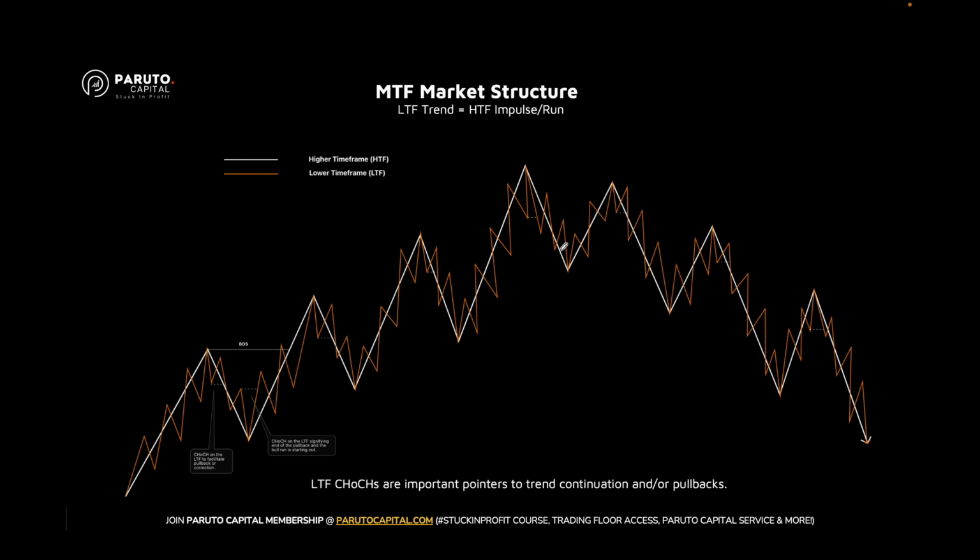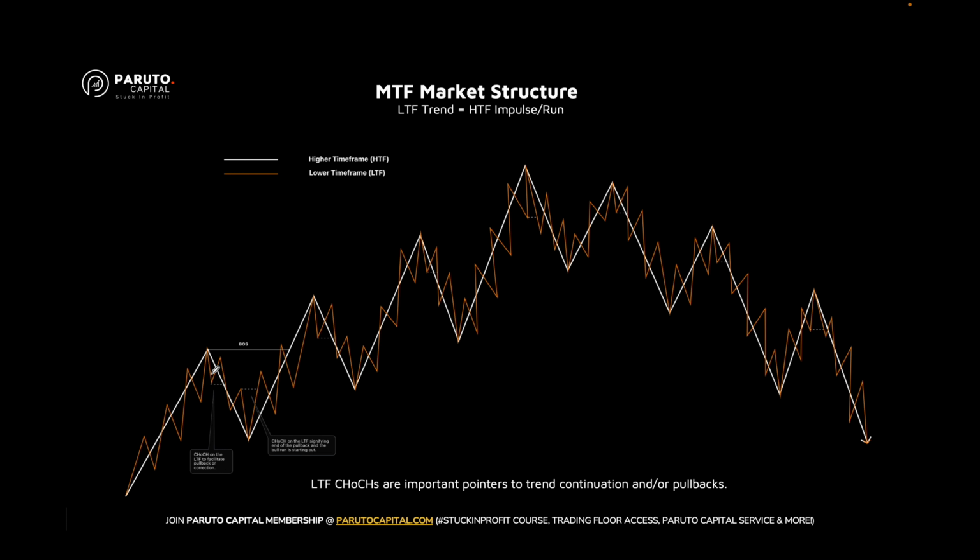You can see this came down here, pulled back up here, did not take out this high, and then broke this structure here, and this is a change of character, right? You already know that. So with a change of character, we expect it to pull back a little bit, it pulls back a little bit, and then continues the move downwards.